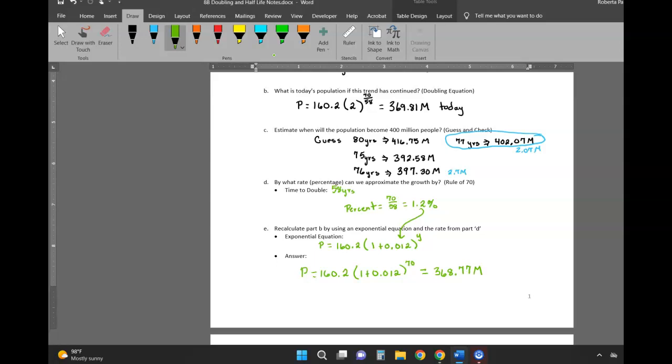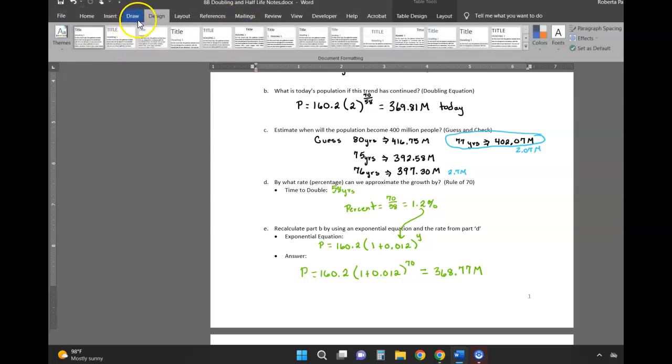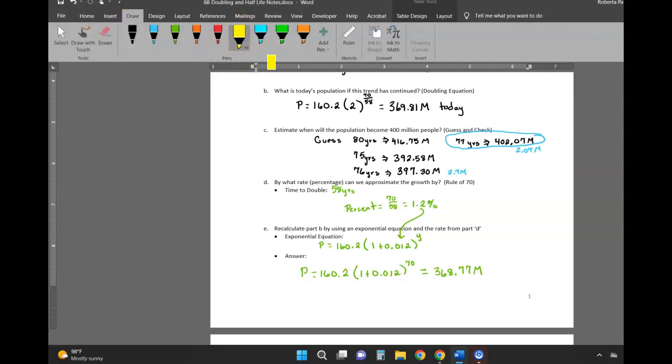And notice that we had one answer, the doubling answer, and we have the exponential answer. And actually, the doubling answer would be a better approximation of today's population because the information was given to us in terms of doubling.